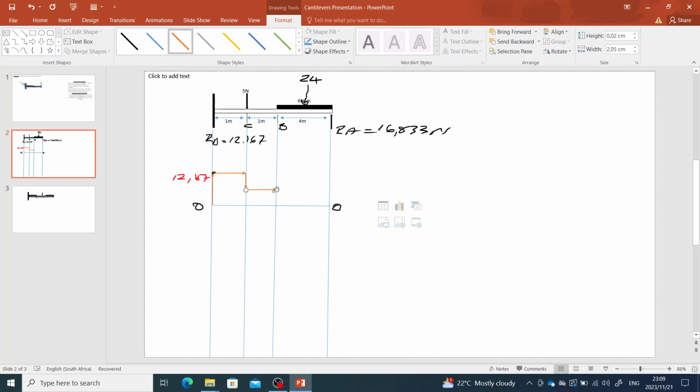Right. Now, between this point B and point A, there's a downward force there. And remember, we are having 7,167 minus downward force. It's going down. It's a minus 24. Then I get my answer as negative 16,833. Let me represent my negative 16,833 somewhere there.